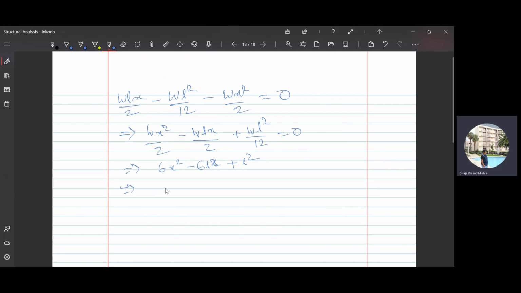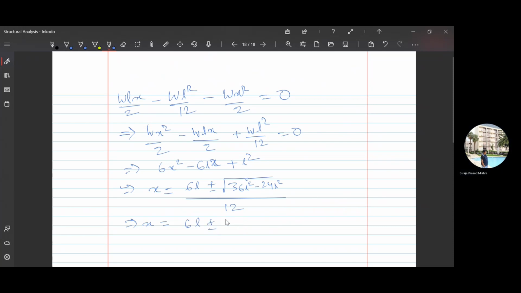So from this I will get x equals 6L plus minus root over 36 L square minus 24 L square divided by 12. This implies x equals 6L plus minus 2 into root 3 L divided by 12.